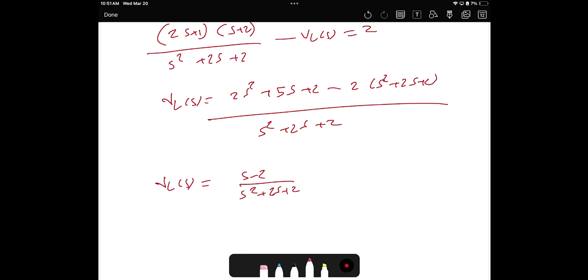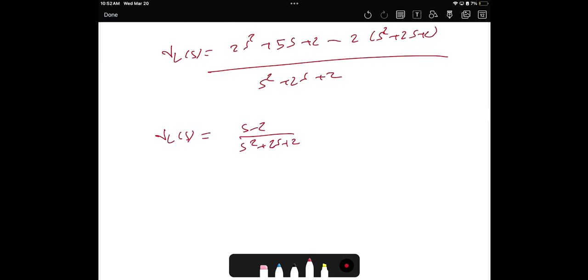Then we can do the partial fraction expansion to calculate this. So it's going to be S minus 2 divided by (S plus 1)(S plus 1 plus J)(S plus 1 minus J).